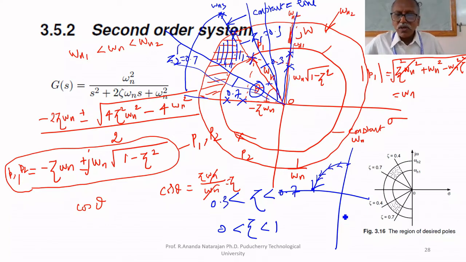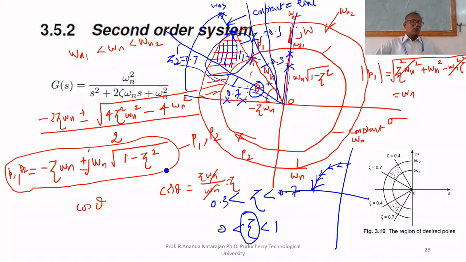Some of the poles being complex means oscillation, because for any complex pole the zeta value is between 0 and 1, that's why there will be oscillation. So if we have a choice to select the pole, we can define the area under which we have to select the pole. That is called designing.